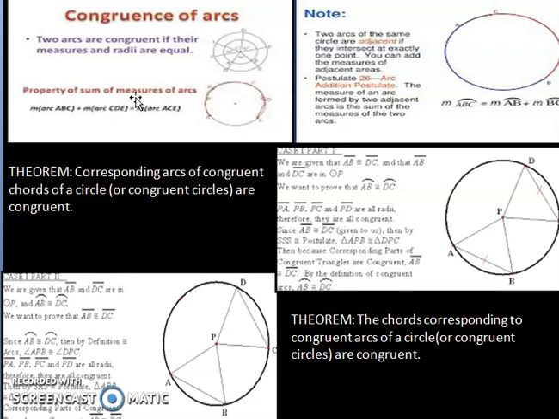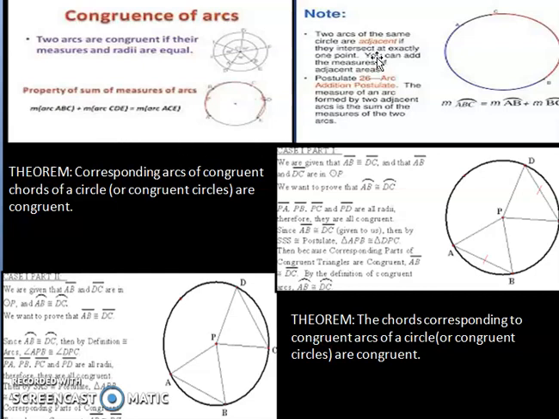The measure of arc ACE is the addition of the measure of arc ABC plus the measure of arc CDE.